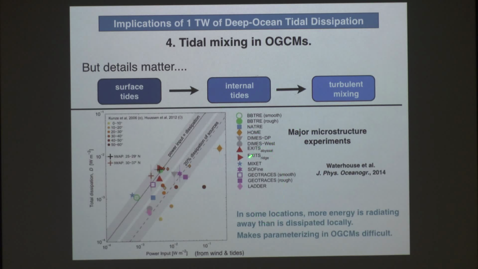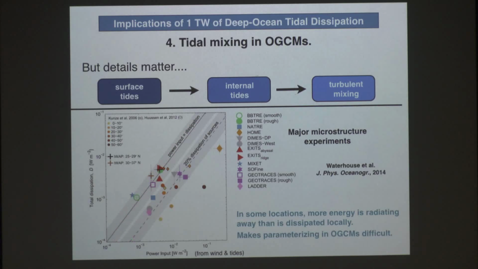And for each of these experiments, she computed how much power is going into the ocean from the wind and the tides, and then based upon the microstructure experiments, how much turbulent dissipation is taking place at that spot. So if energy was going into the ocean, and at that spot it was being converted to mixing, then all these experiments would be along this straight line of where x equals y.